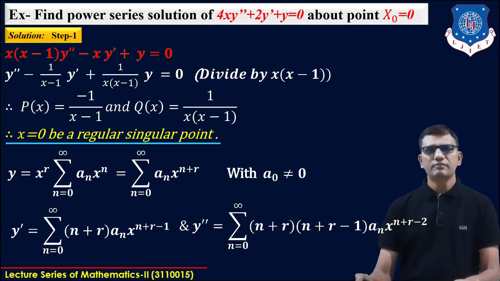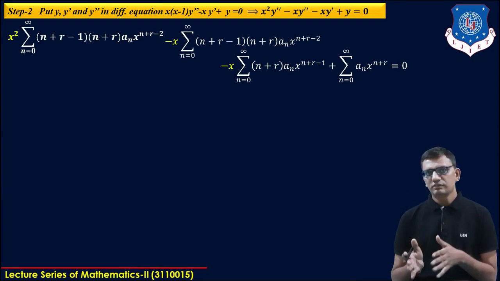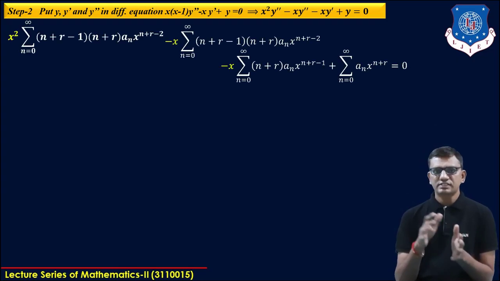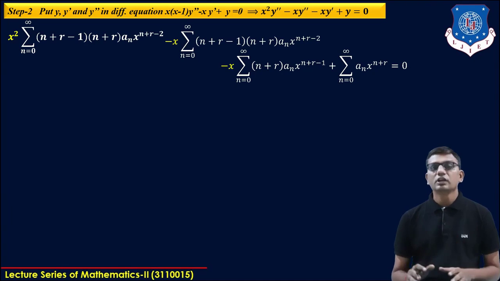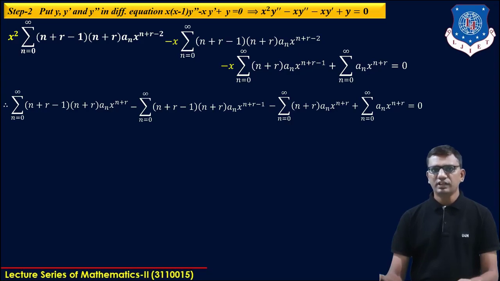Now in the second step we will put the values of y' and y'' in the differential equation. Here we replace y' and y'' in the summation form. Now we multiply each coefficient inside the summation and we finally get these terms. Here in the second summation the power of x is x^(n+r-1), and in the other summations the power of x is x^(n+r).